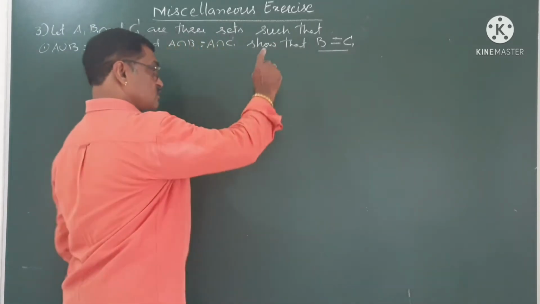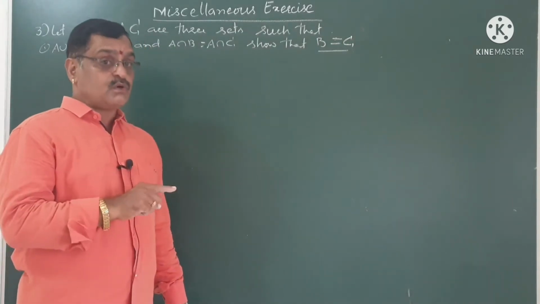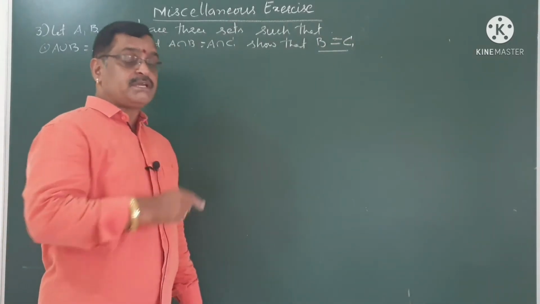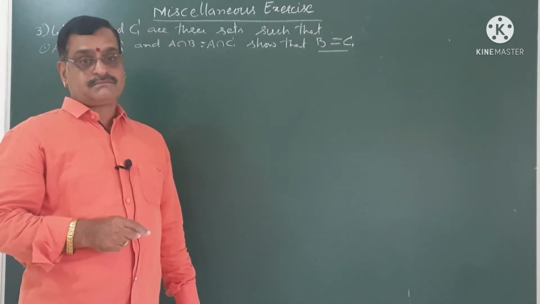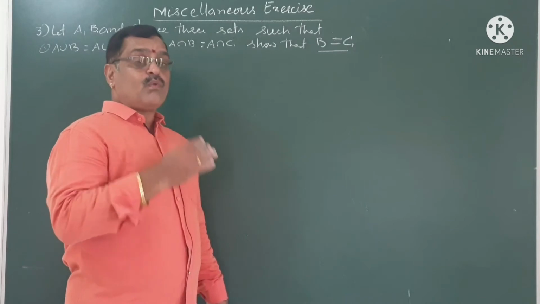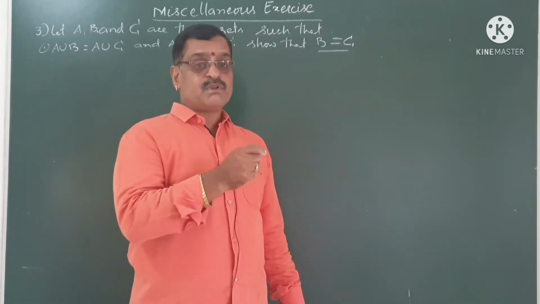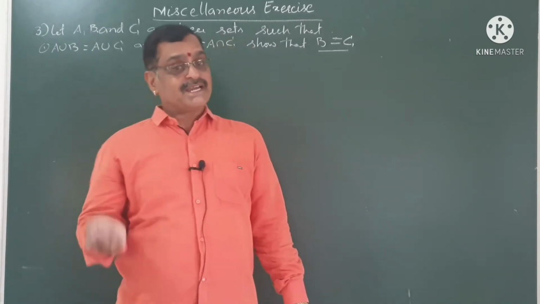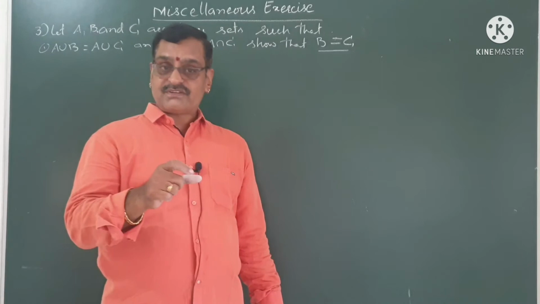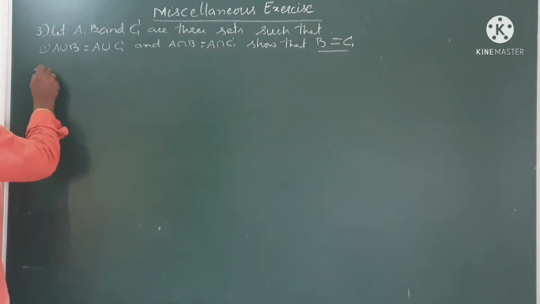Here you have to show that B is equal to C. So you have to show B is subset of C as well as C is subset of B. Again, how do you show one set is subset of other set? Very simple. If x belongs to the first set, you have to show that x belongs to second set.